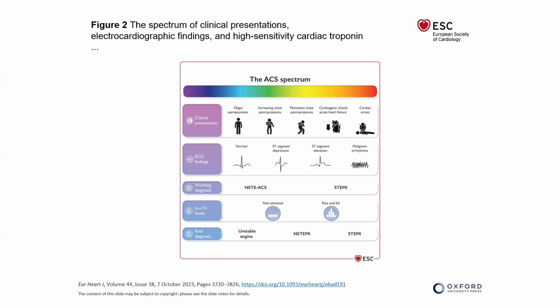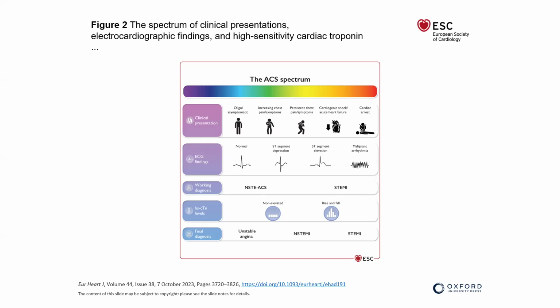Then if the patient fulfills the components as described in the fourth universal definition, you say there's myocardial infarction: chest pain consistent with ischemia, ECG changes consistent with ischemia, imaging showing new regional wall motion abnormality in a territory consistent with an acute coronary syndrome or ischemia, histopathological evidence, etc.